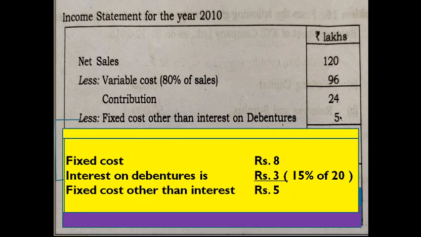Here we took 3 instead of rupees 8 because for finding the operating profit, you need to deduct fixed expenses from contribution.